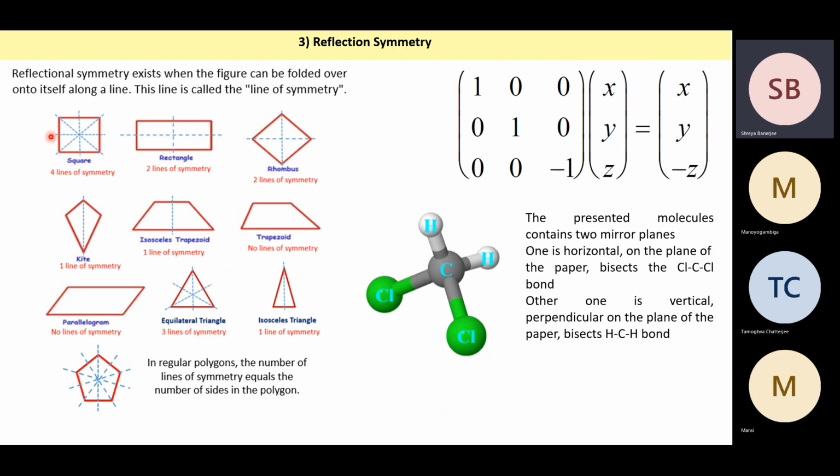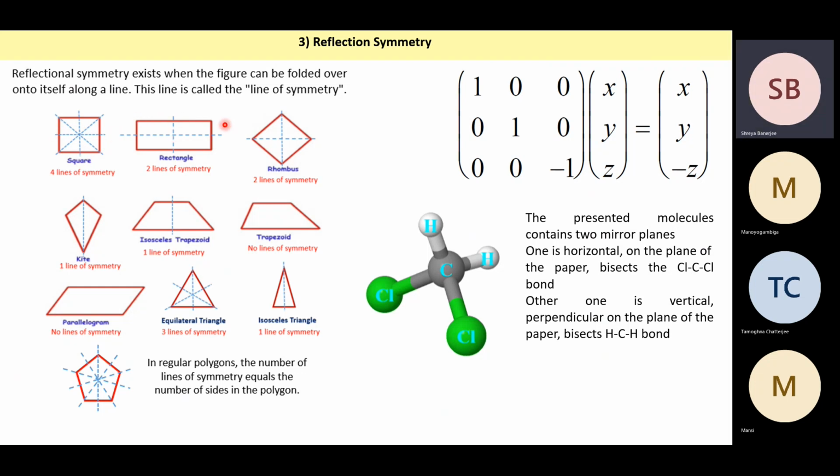If you fold along this line, then this side completely merges with the other side, and that is called a line of symmetry. Or you can imagine it like a mirror. A mirror is passing through this horizontal line, and one side of the square is the perfect reflection of the other side. So in a square, there are four such lines of symmetry.